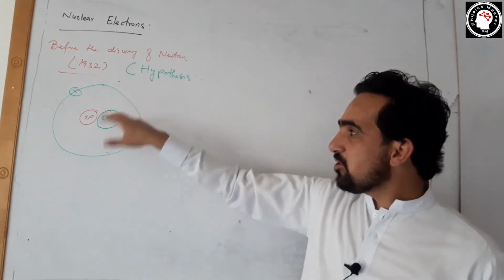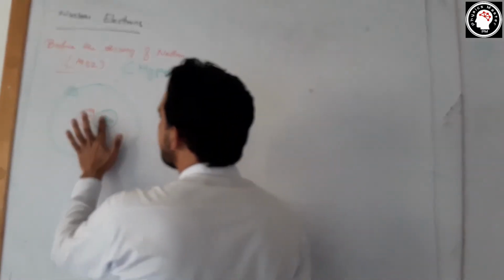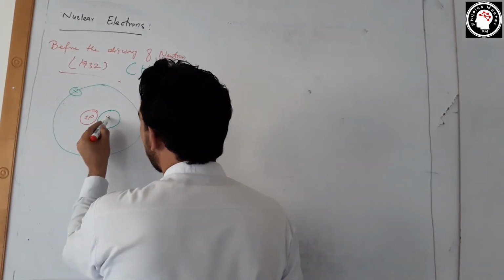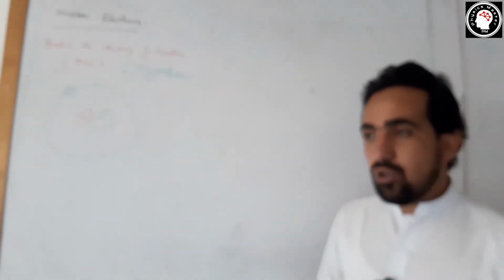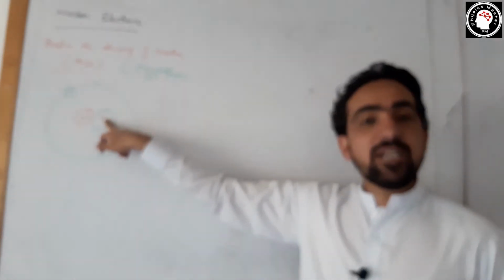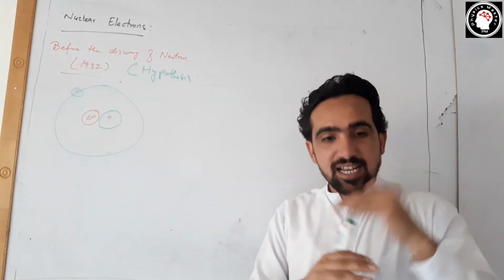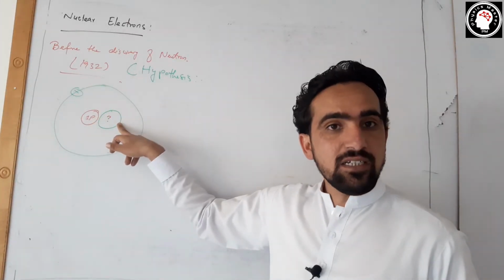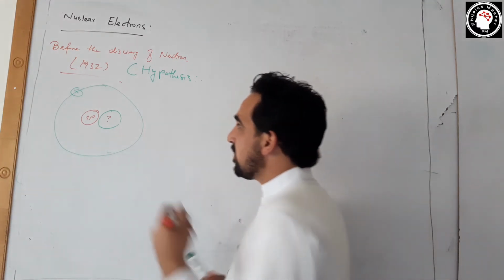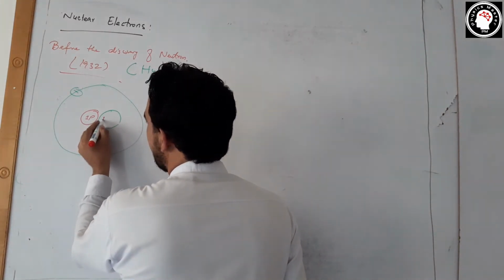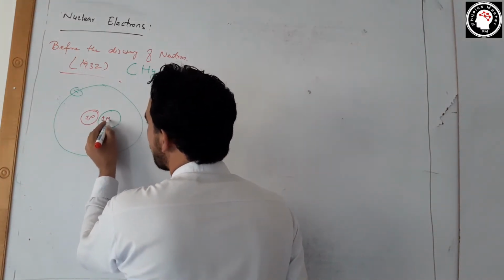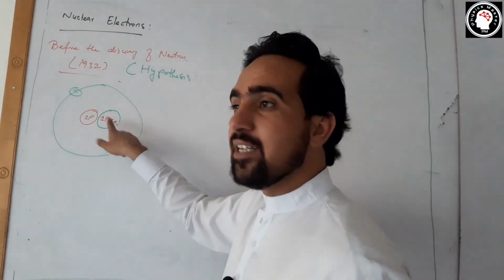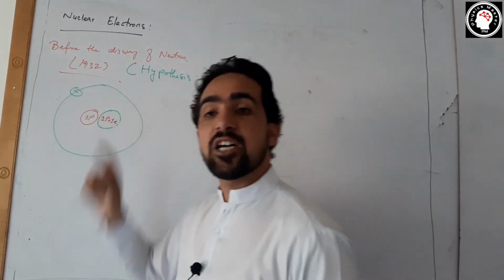For example, in the deuterium atom, there was a missing mass of almost one proton. So they assumed that there must be enough protons and electrons inside the nucleus to neutralize the charge of the nucleus and account for the mass of the atom. For example, in this atom, according to their hypothesis, there must be one more proton plus one electron. This will account for the whole mass of the nucleus, and their net charge will be 0.